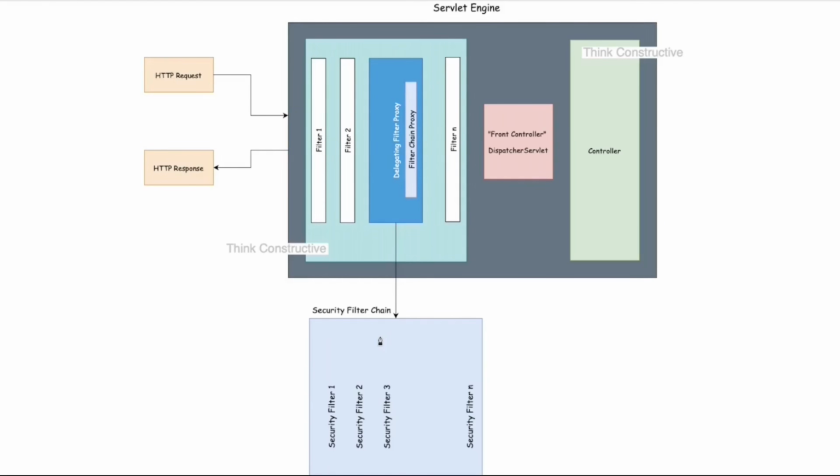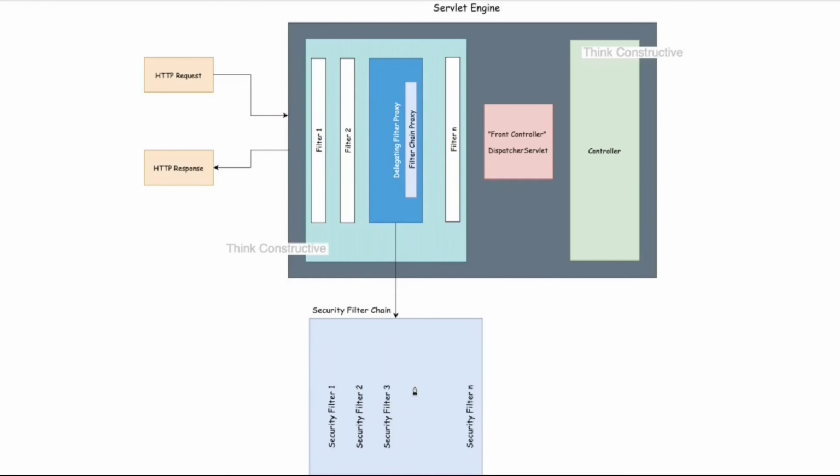And now what will this security filter chain do? It will do the necessary security work on the request. So in our example, it will authenticate the user. Let's say it will check the username and password. If he has not given anything, the response will go back to the end user or the client that they should provide the username and password. Now the username and password has reached here, and it will be authenticated.